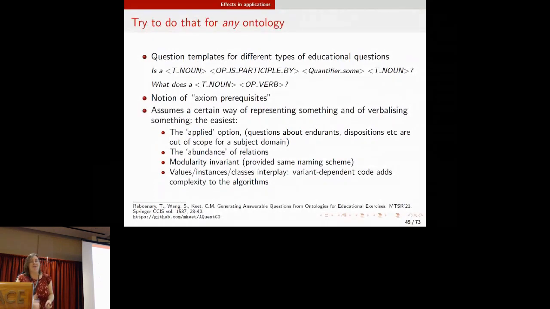You just look at the proper domain. You want to have this abundance of relations, because then you have a much larger variety of ways of formulating questions, much more precise questions can be formulated, and much more precise answers can be generated. So that already gives an indication that there is a difference in what is good for what kind of ontology you would need for this kind of application scenario.